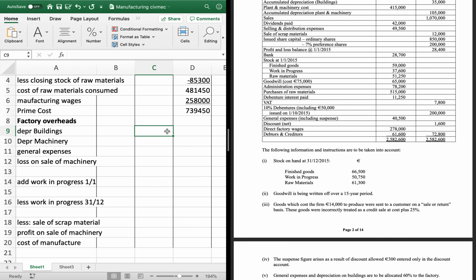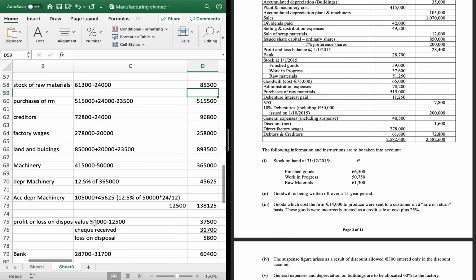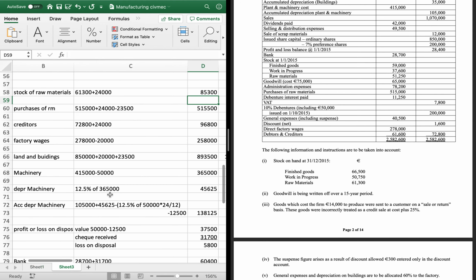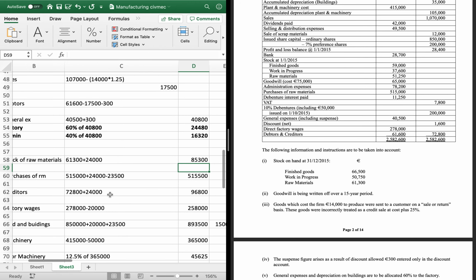So the depreciation of buildings was 8322. The depreciation of machinery is 45625. General expenses, I'd split that up. All the way up here is 24,480.